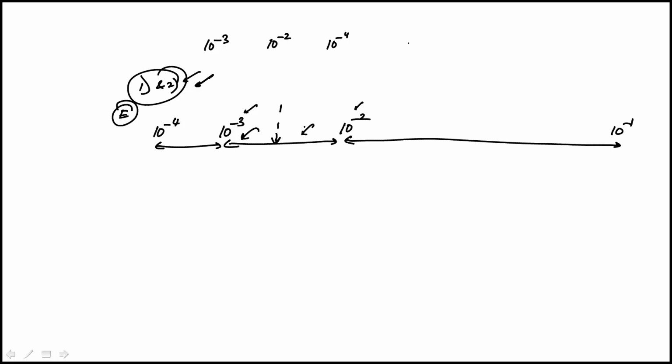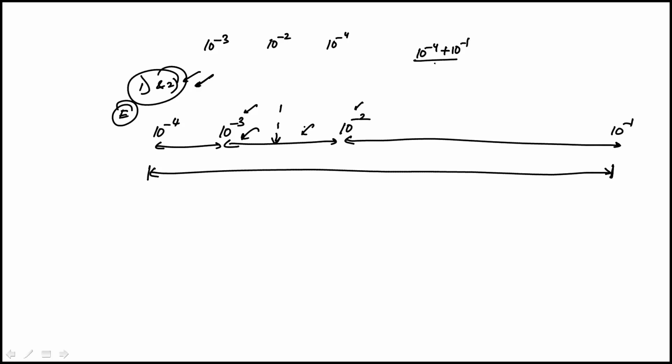The size of the particle is closer to 10 to the minus 4 than it is to 10 to the minus 1. If we look at the halfway point here, which would be their sum divided by 2, this would be 0.5 times 10 to the minus 4 plus 0.5 times 10 to the minus 1.